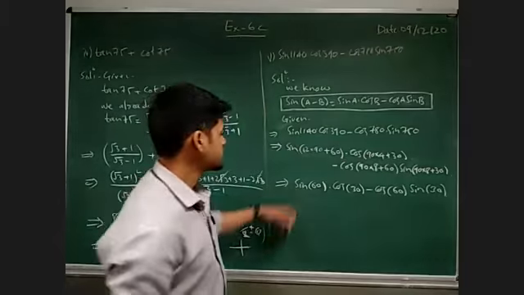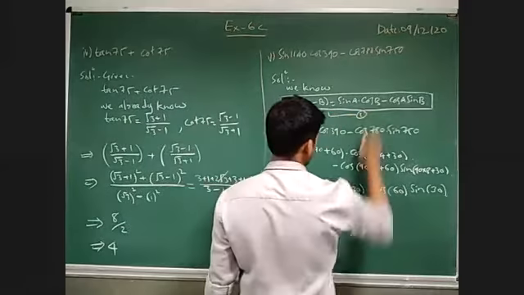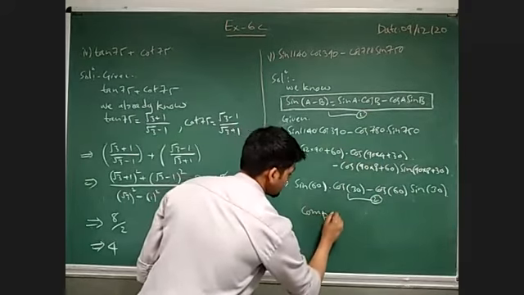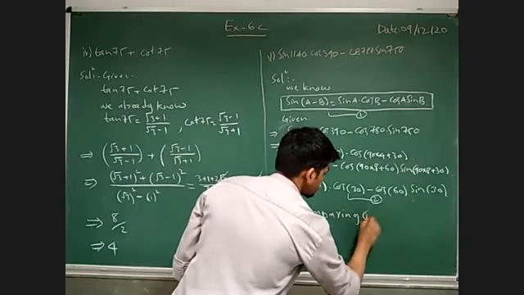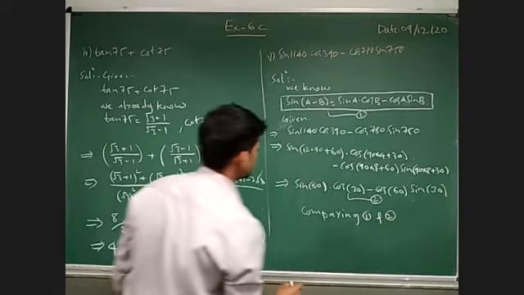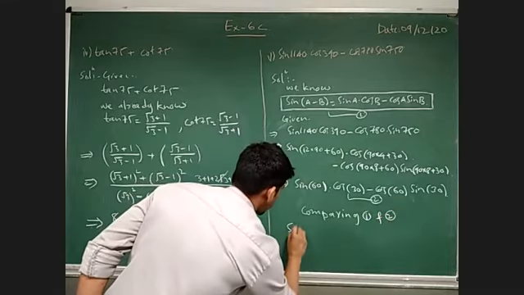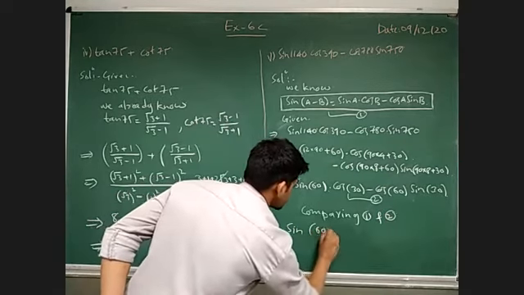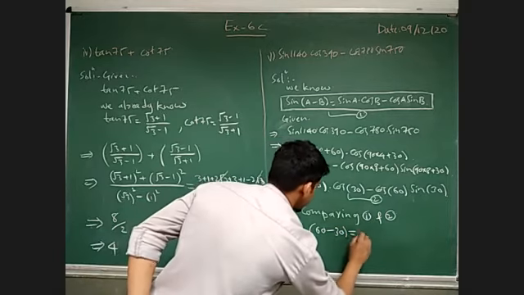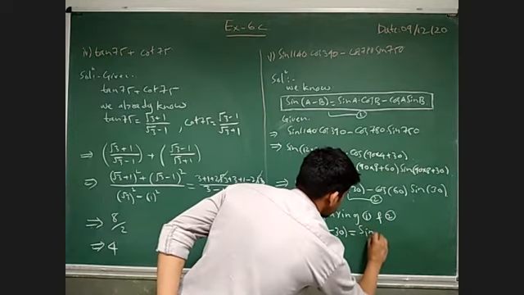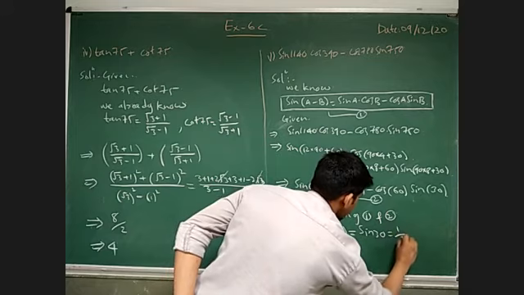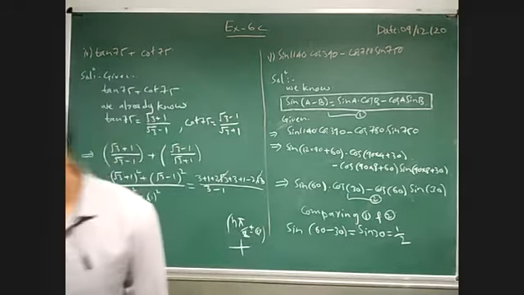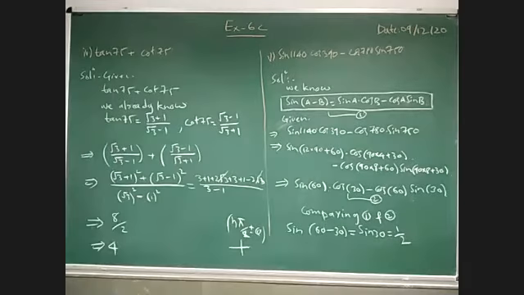Comparing equation 1 and equation 2, we have sine(60 minus 30), and 60 minus 30 is nothing but sine 30, and sine 30 is nothing but 1 by 2. So the answer is 1 by 2. Just take note or take a screenshot.